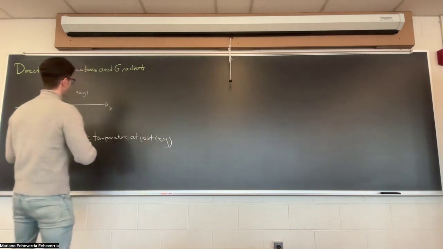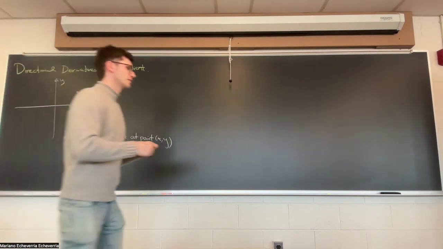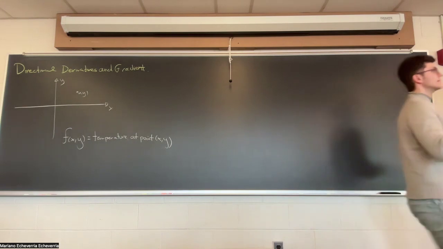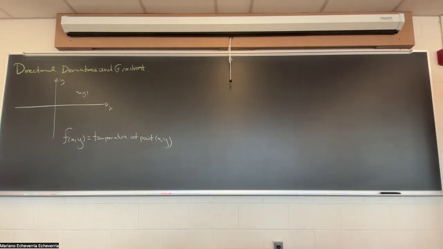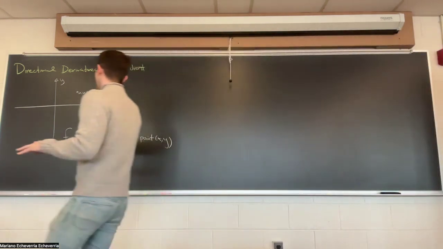Just an idea to keep in your heads. So you're measuring the temperature at every point on the floor. That's one way to think about it concretely. That's what the function is telling you.